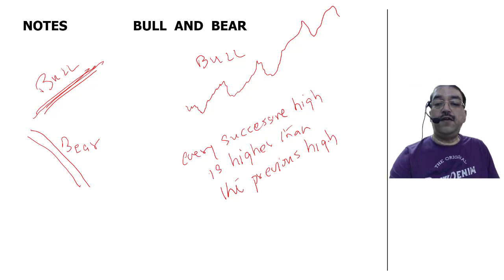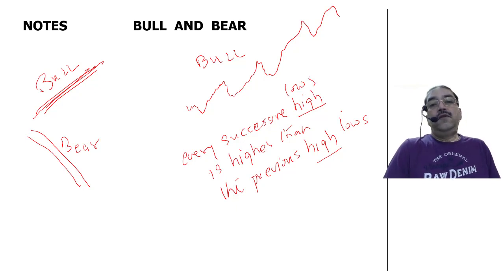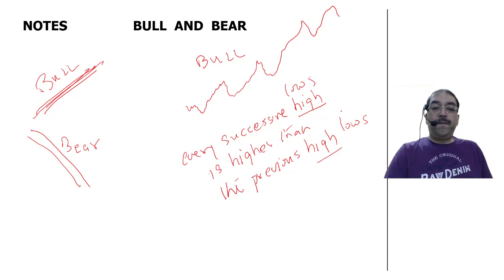Every successive high is higher than the previous high, and every successive low is also higher than the previous low. Sir, did not understand. Please explain. I am explaining. Every successive high is higher than the previous high.